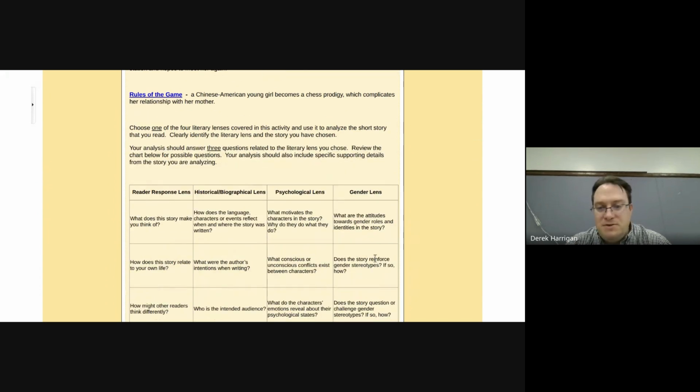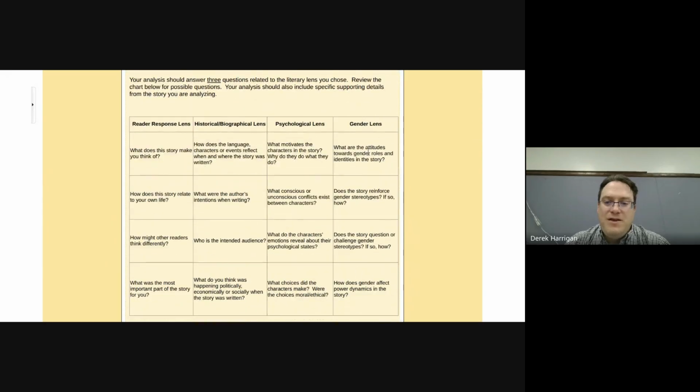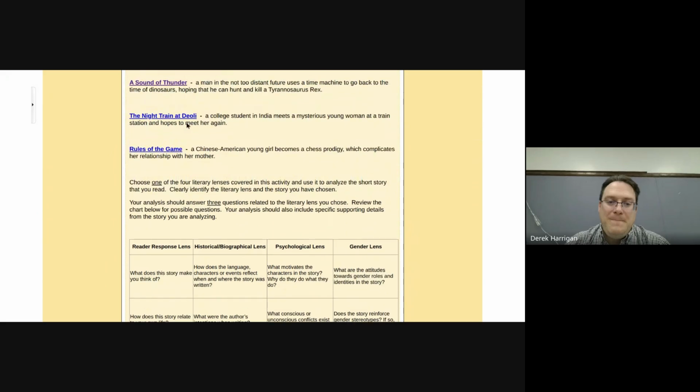Or maybe you want to take the gender lens and you want to analyze The Night Train at Delhi through a gender lens. Actually, that one would go nicely together. Okay. So say you want to do the gender lens and you want to apply it to The Night Train at Delhi. Well, then you have to answer three of these four questions based on The Night Train at Delhi and provide supporting evidence from the story.